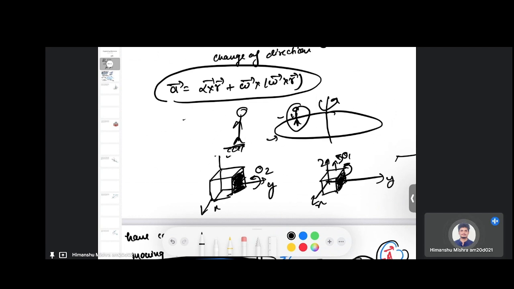But if you now stand on this disk, then you both are not moving. You are just standing on the disk which is rotating with some angular velocity, and you can see that you yourself and your friend both are stationary. But if you come out of this disk and now observe your friend, then you can see he's changing direction, right?